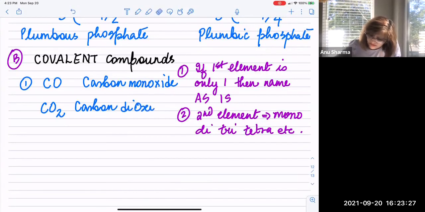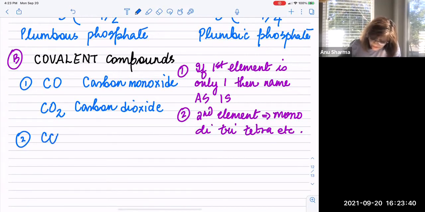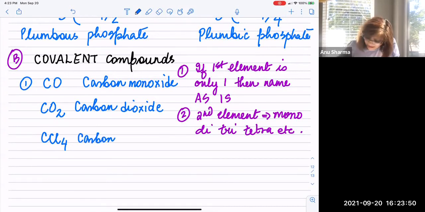And oxide is spelled O-X-I-D-E. Next, if you have carbon with four chlorines, then this becomes carbon, the name as it is, and since there are four chlorines, tetrachloride.